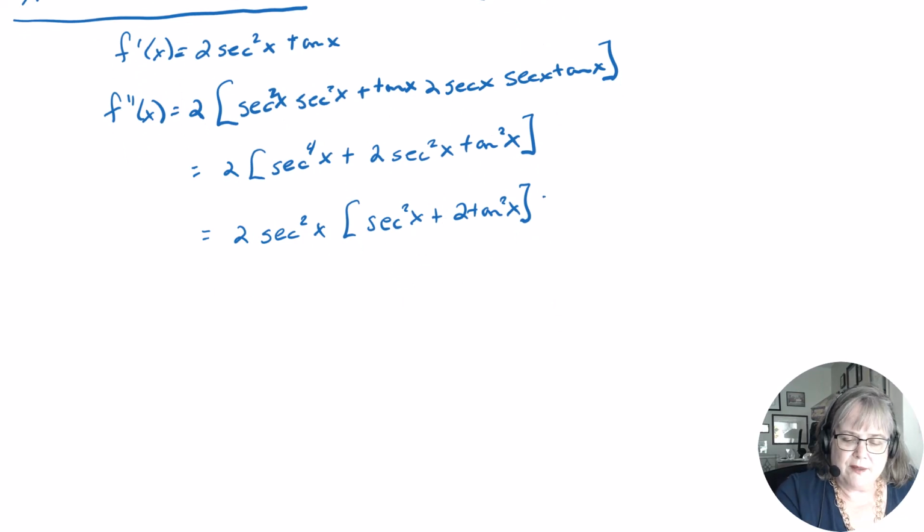And these that are in the parentheses, this secant squared is actually 1 over cosine squared, and the tangent squared is actually sine squared over cosine squared.